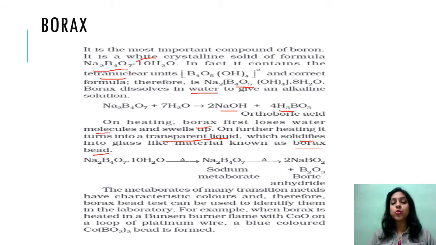And the reaction which takes place is that when you heat the borax, it gives sodium metaborate, Na2B4O7, after losing water molecules, and then at last it is converted into NaBO2 plus B2O3, that is known as boric anhydride.